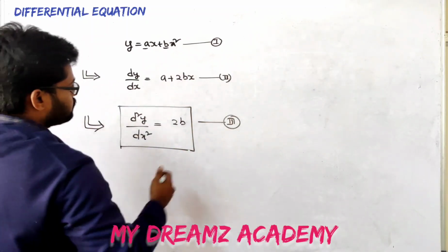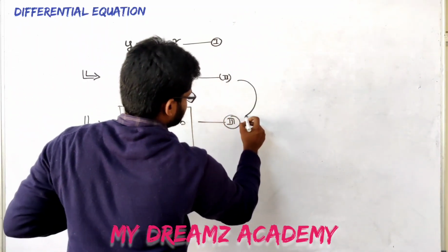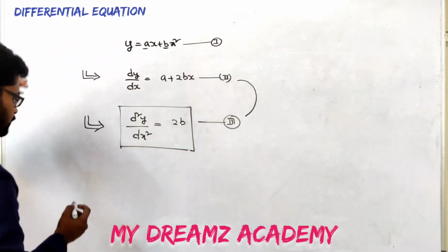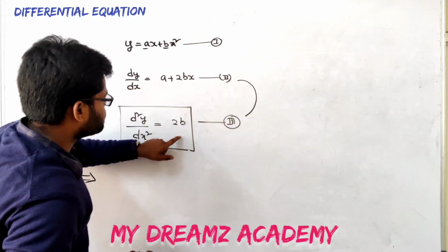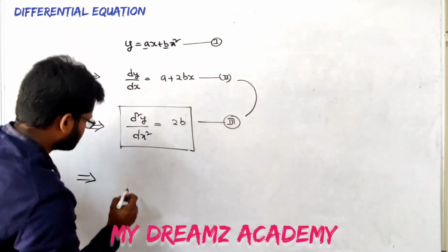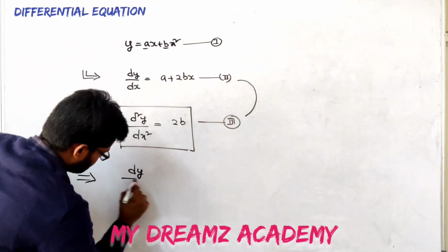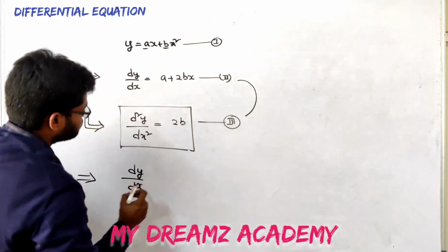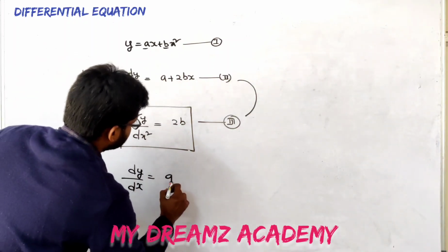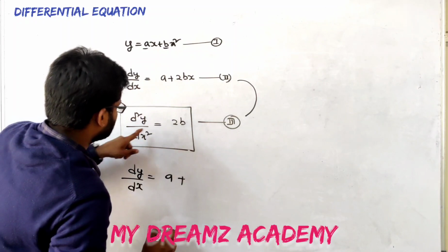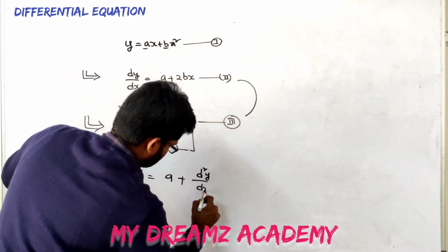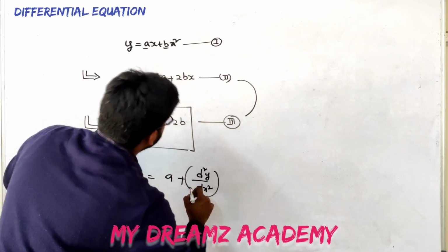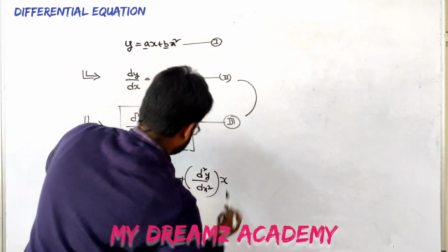Observe the second equation and the third equation. Substitute the third equation in the second equation. dy by dx is equal to a plus 2b into d square y by dx square into x.